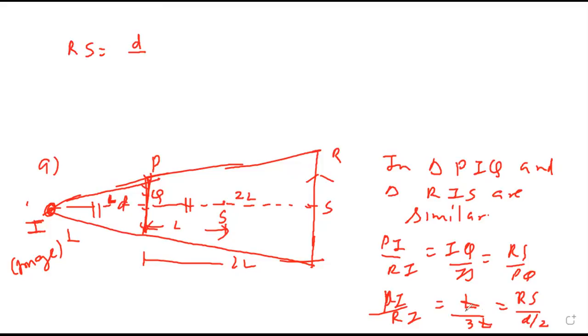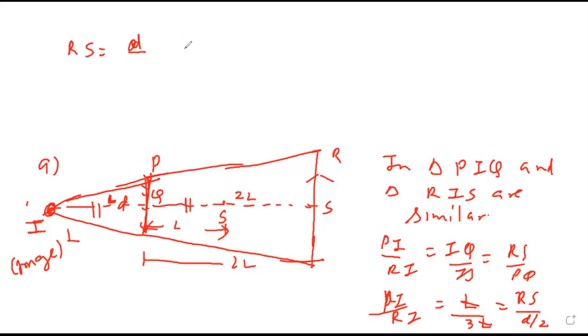So it will be 2D upon 3. No, it will be multiplied. 2D by 3. PQ is D by 2. So we are interested in RS. IS is 3L, L got cancelled.